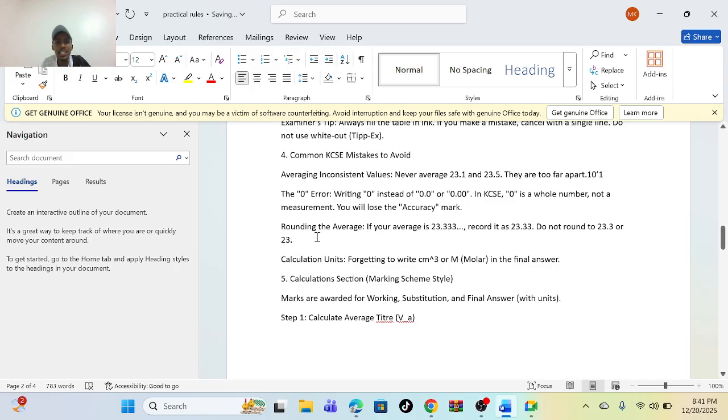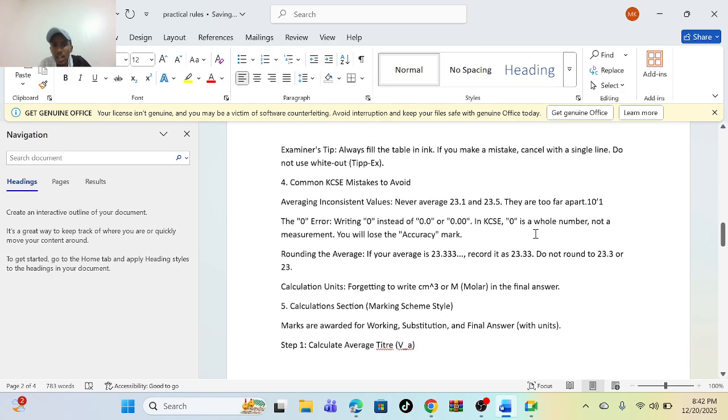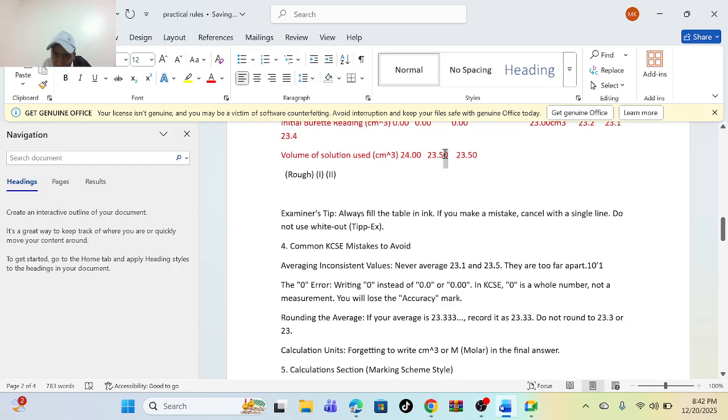Again, there is rounding the average. If the average is 23.33, record it as 23.33, because you used two decimal places.